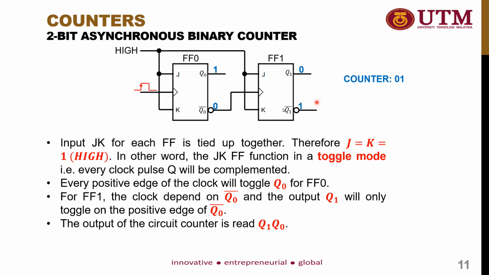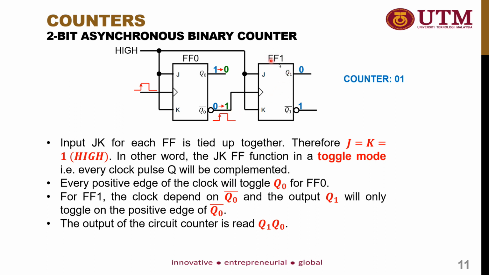Then when we apply the positive edge trigger clock to flip-flop 0, its output will toggle. So the output Q0 bar will become 0, and the output Q0 will become 1. You see here, the transition from 0 to 1 produces a positive edge, because the output is rising from 0 to 1.